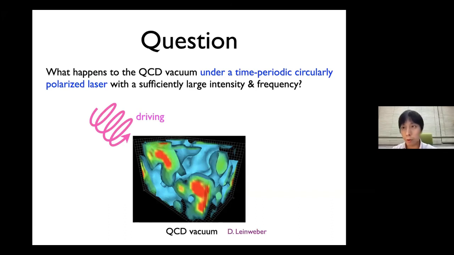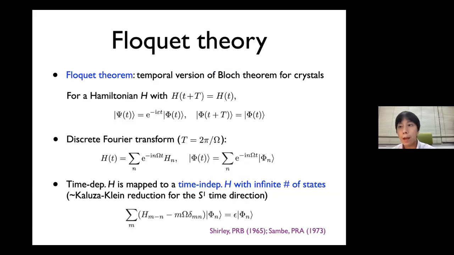This is also called Floquet engineering. So the idea of the Floquet theory is to map a time-dependent Hamiltonian under the time periodic laser field into the problem of the time-independent Hamiltonian.